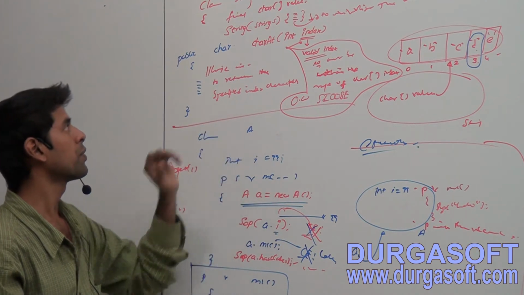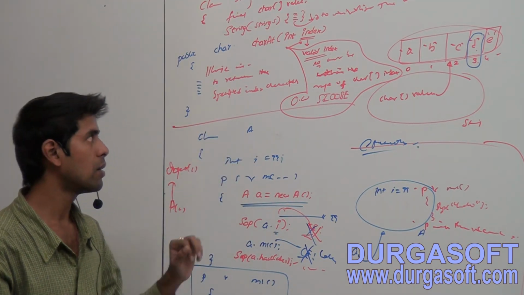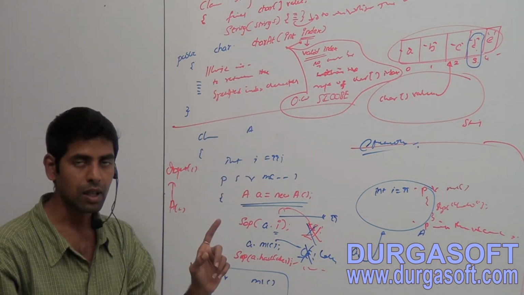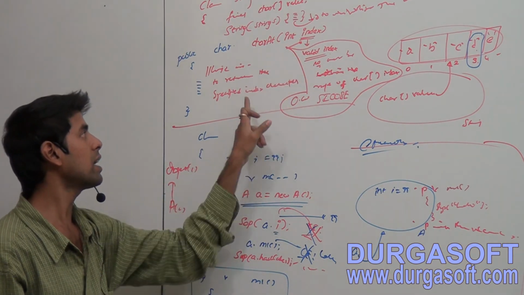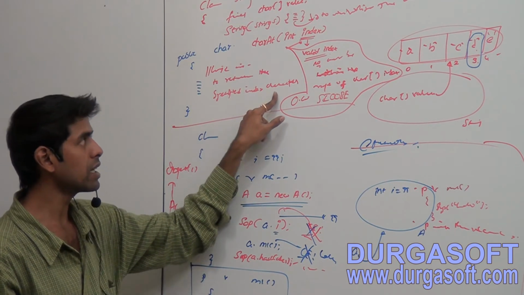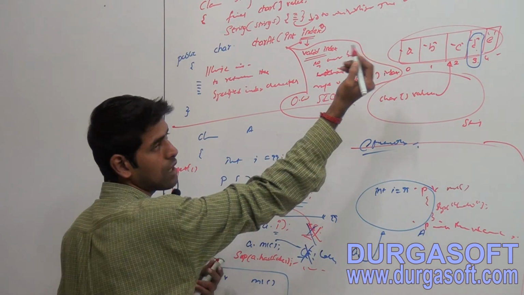Okay, observe. The logic within this charAt method is that it will return a particular character at the specified index. If I give 0 here, it will return A to us.